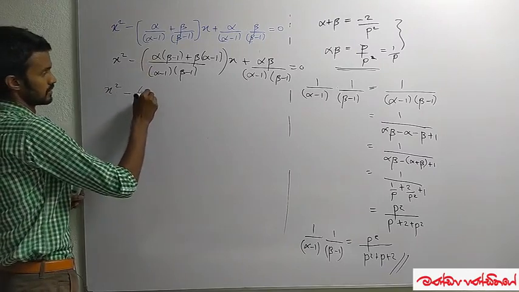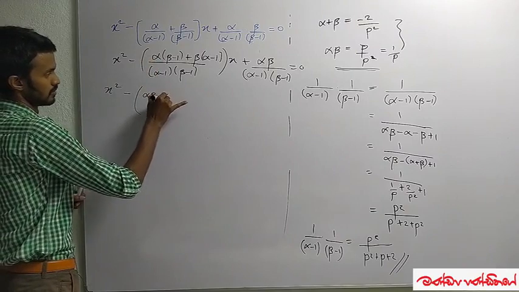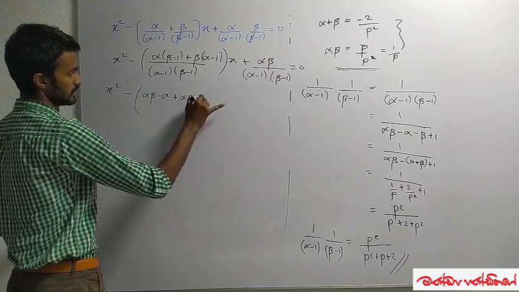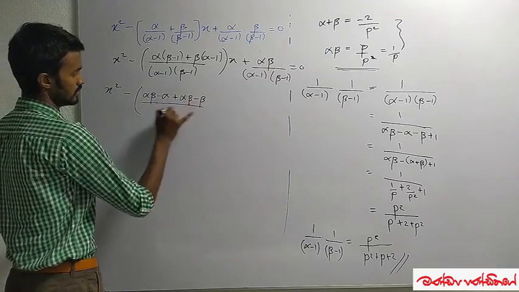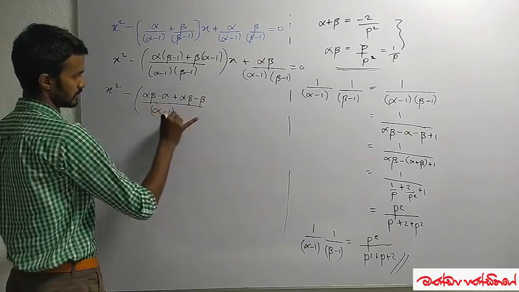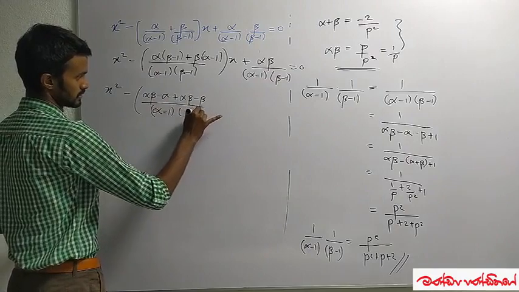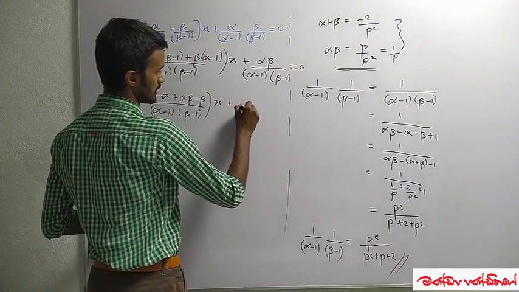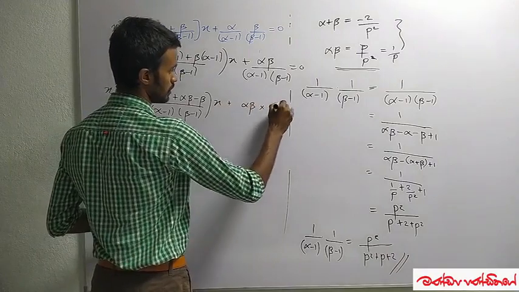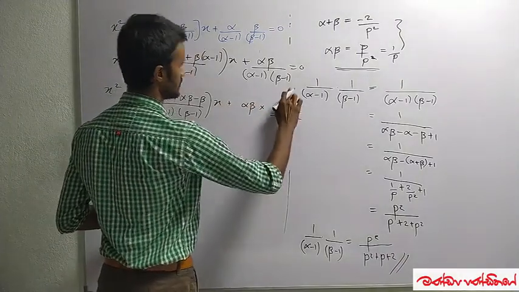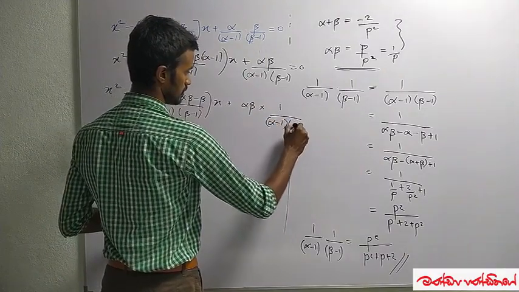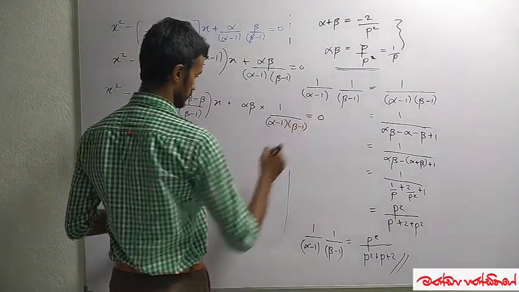When I simplify this one, I get alpha beta minus alpha plus alpha beta minus beta over alpha minus 1 beta minus 1 times x plus, I'm writing this as alpha beta into 1 over alpha minus 1 beta minus 1 is equal to 0.